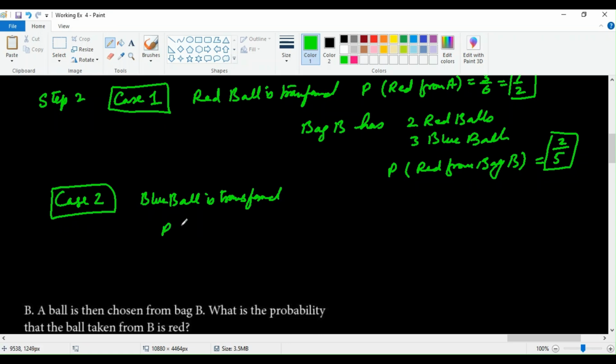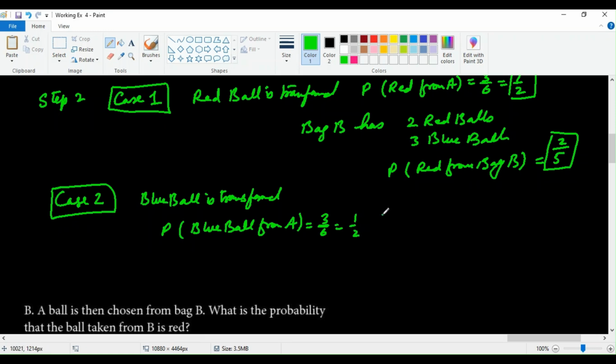So possibility of blue ball from A is going to be 3 over 6, which is 1 over 2.